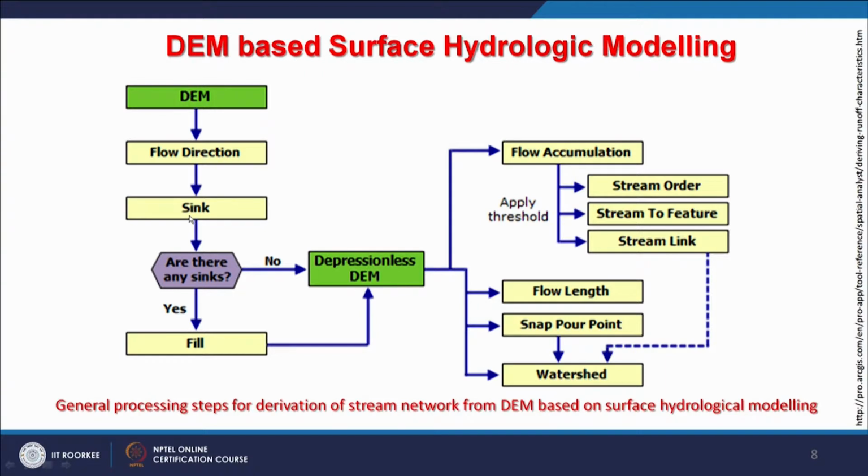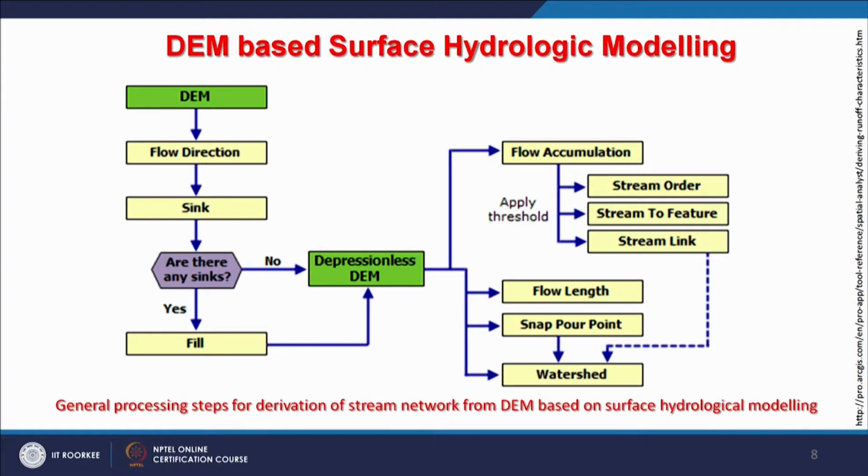And again, using the same digital elevation model, we can find out where the sinks or artifacts are in a digital elevation model, because digital elevation models may have some errors. Local depressions of one cell size or maybe two cell sizes are identified as sinks because water has to flow on the surface.